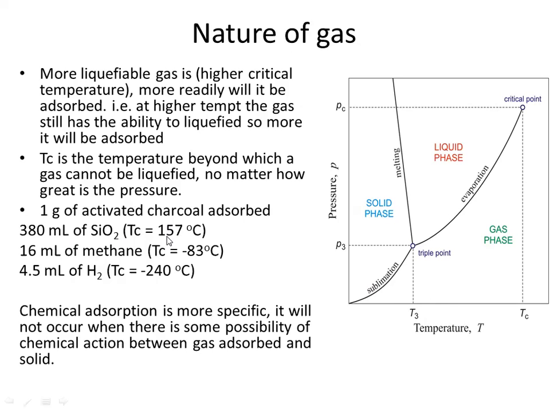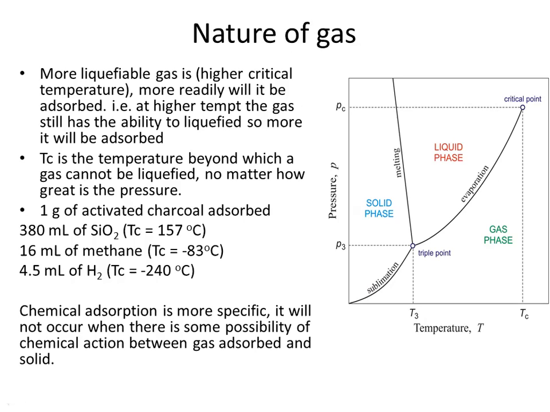Suppose the critical temperature is 157 and this is sulfur dioxide, which is also a gas. Then 380 ml of it is adsorbed on 1 gram of activated charcoal. We have taken 1 gram of activated charcoal as the adsorbent and we are going to adsorb three gases.